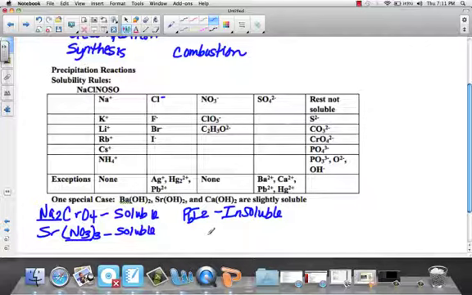And Fe(OH)3, iron(III) hydroxide. We know that hydroxides fall under the rest rule because it's not part of NaCl-NO-SO. So hydroxides are insoluble, and it's not one of the slightly soluble cases.